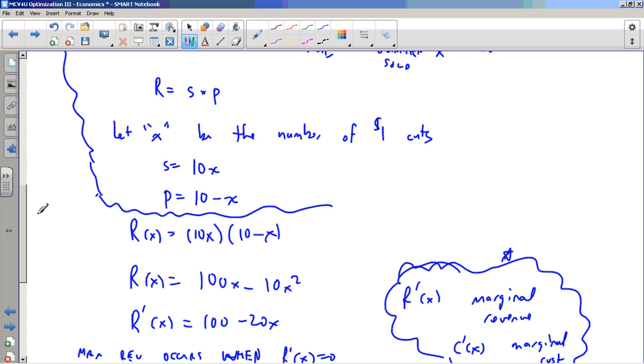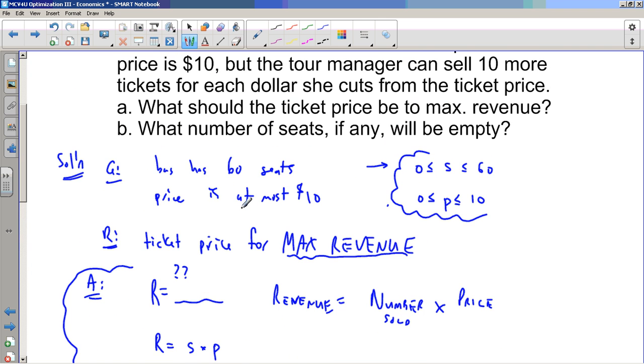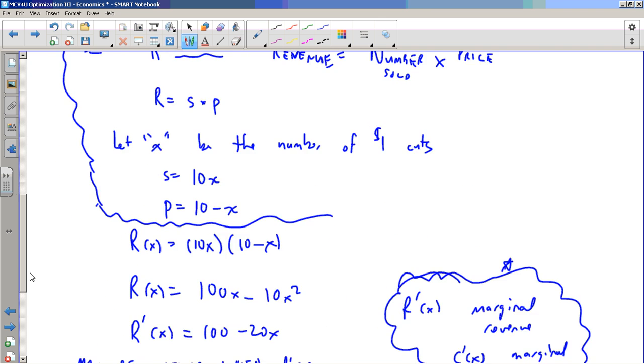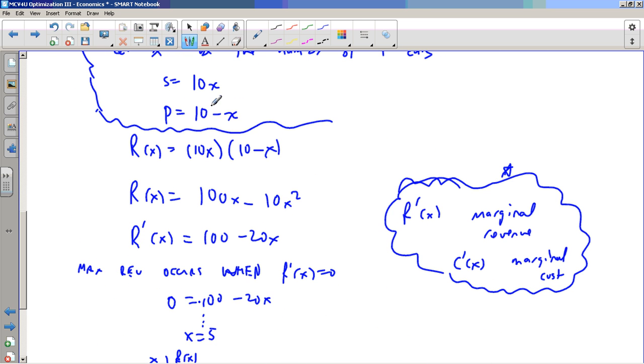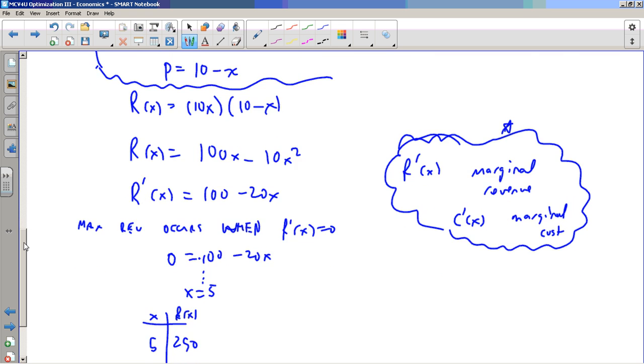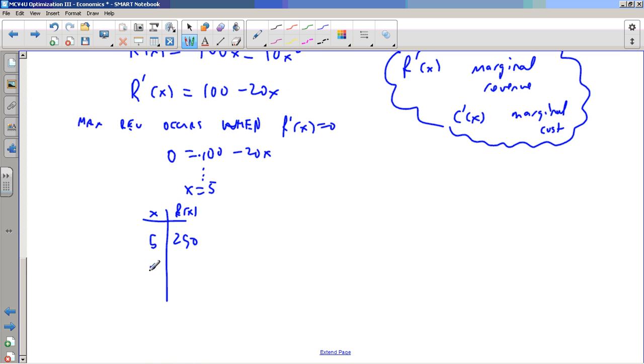It says the maximum ticket price is at most $10. If x was negative, I'd have a negative number of people going, and then my price would be more than 10. So I could have x as low as 0 and as high as 6, and I can calculate those endpoints, and I see that the maximum revenue happens here.